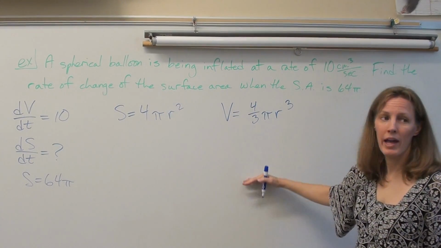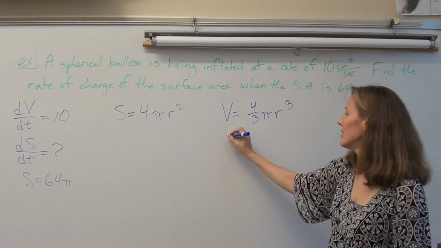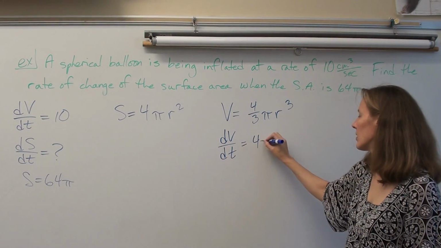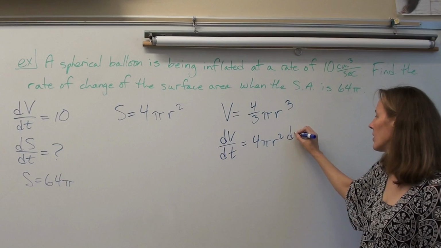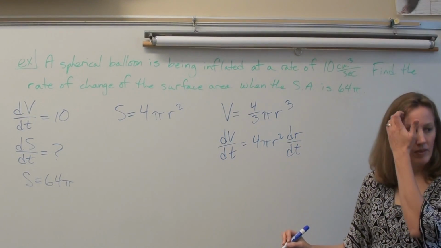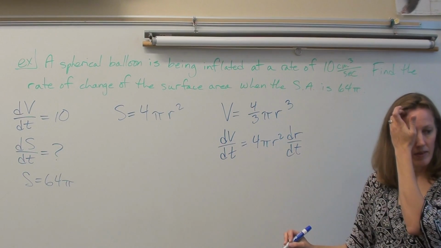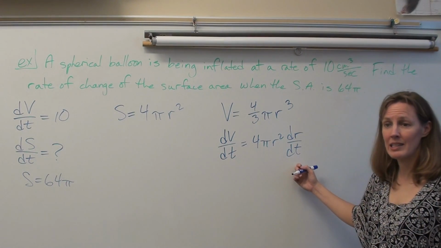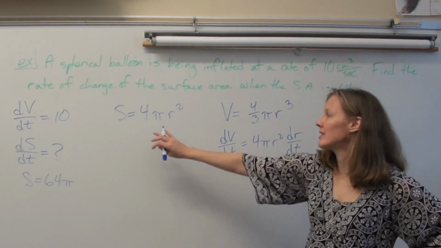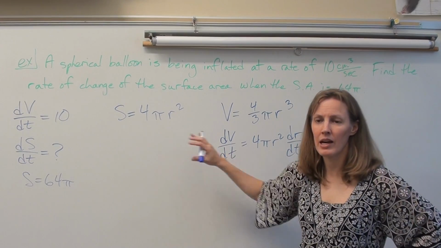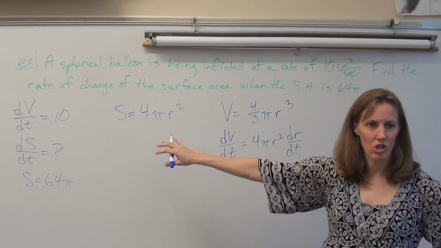An easier way is to actually go ahead and take the derivative of the volume. And what we're going to do is solve for dr/dt, and we'll use that for our dr/dt in this problem. So it's like a little double substitution kind of thing.